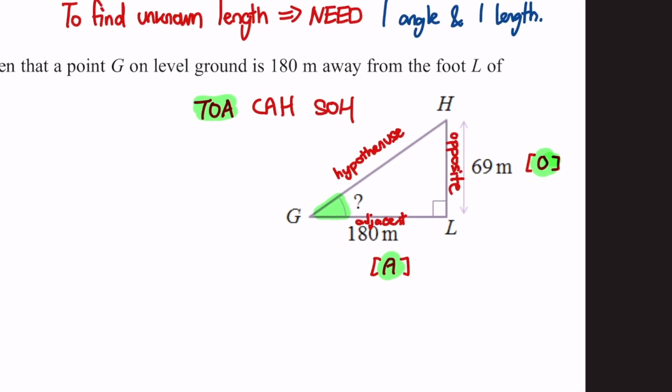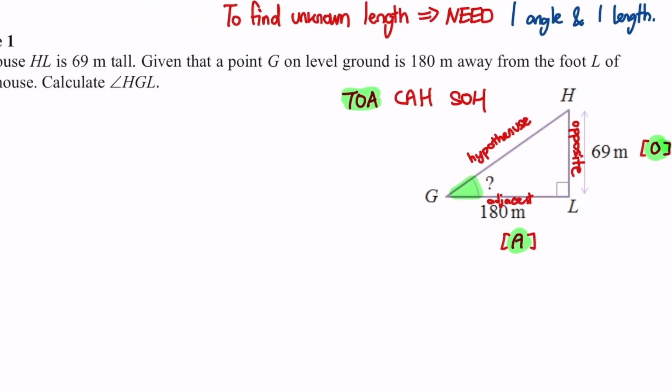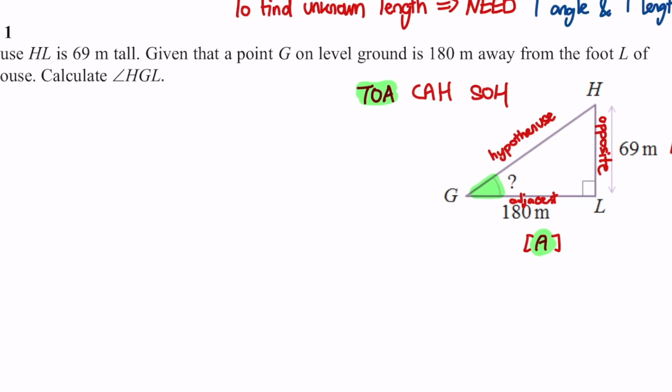So now I write my trigo ratio. Very important, I write this as tan, which represents tangent, of angle HGL is equal to the opposite side. Opposite of this angle here is HL over GL. O over A, opposite over adjacent, it's HL over GL.